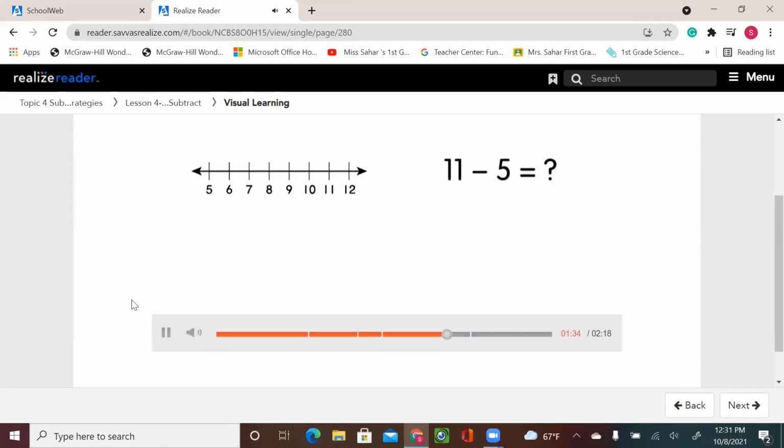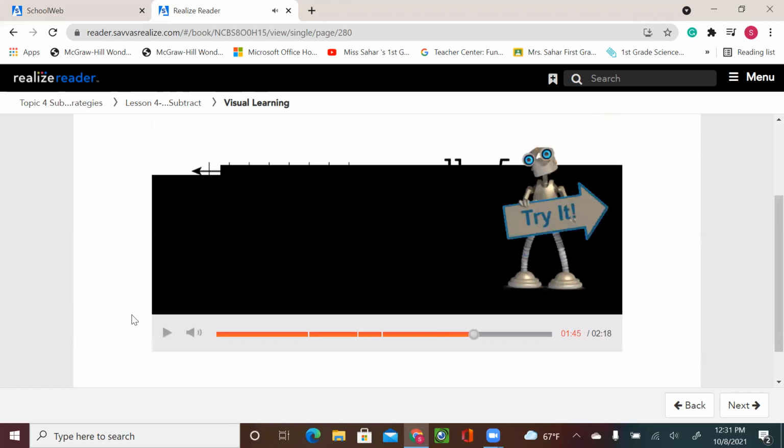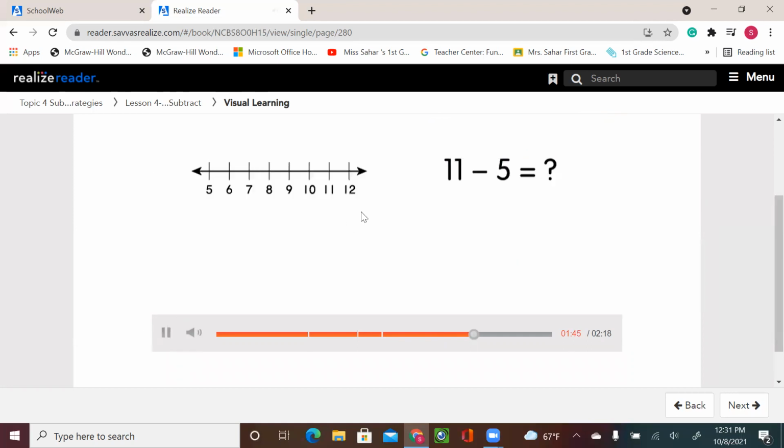You can also count on to subtract 11 minus 5 on a number line. How could you use a number line to count on to solve 11 minus 5? For this one, what do we do? Start at 5 and count on 6 to get to 11. 5 plus 6 equals 11, so 11 minus 5 equals 6.